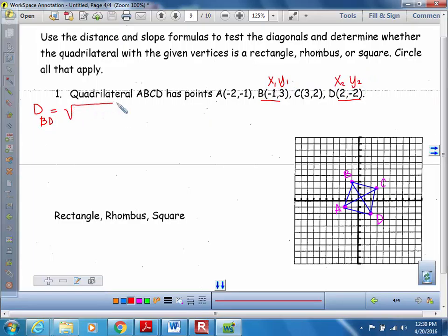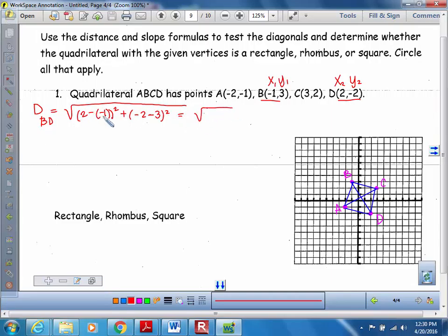So that's going to be the square root of 2 minus a negative 1 squared plus negative 2 minus 3 squared. Okay?